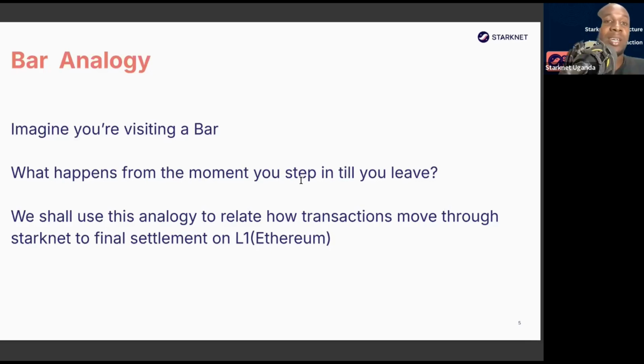Ethereum is the L1, the base layer. So every transaction that takes place is supposed to be settled on Ethereum. So we are using the bar analogy to understand what is running behind the scenes.